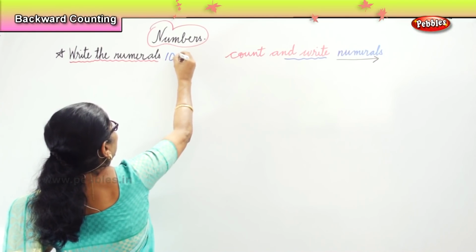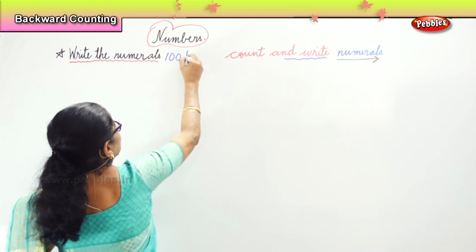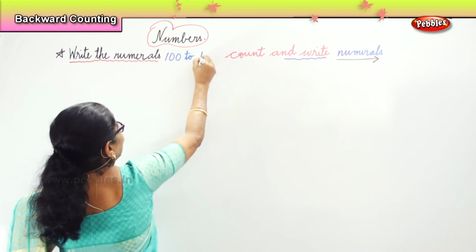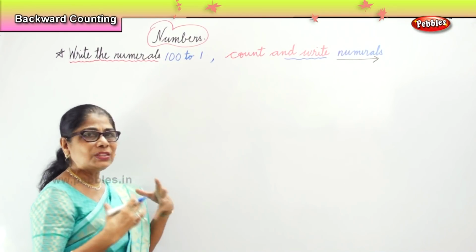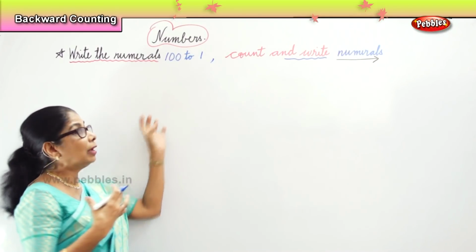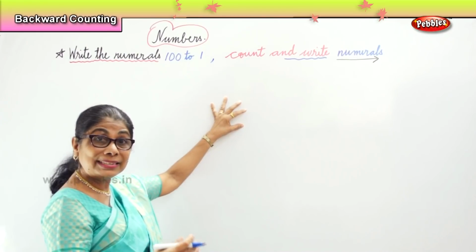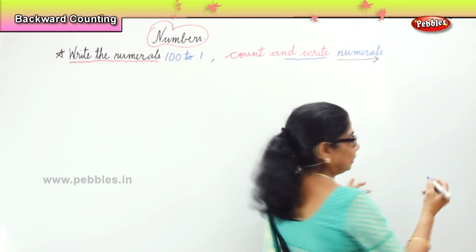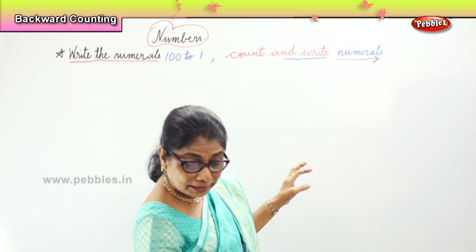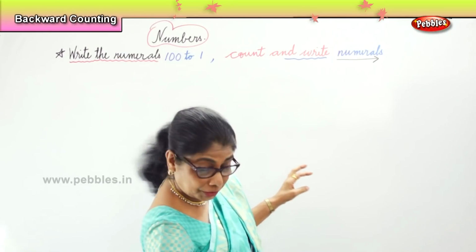We start with 100. So we come up to 1. Then as we write, we'll count and write the numerals. And this time it is backward.